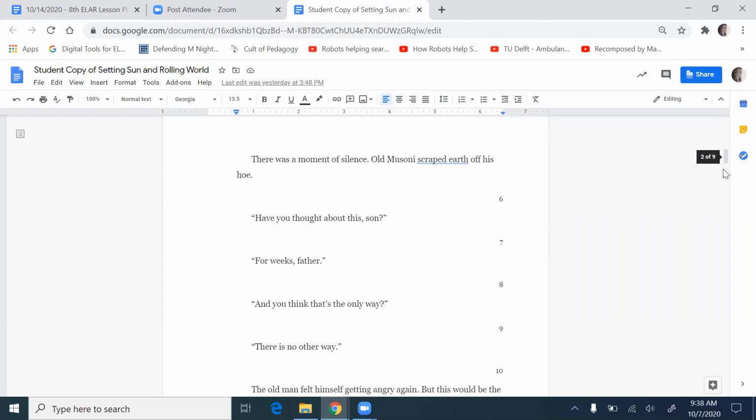Pause. This is how the author sets up this text. This is his structure. Stop, take 10 seconds. I want you to just think. What text structure do you see? All right.